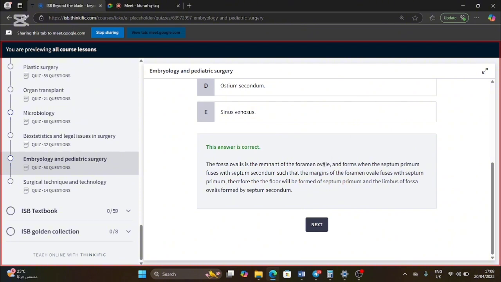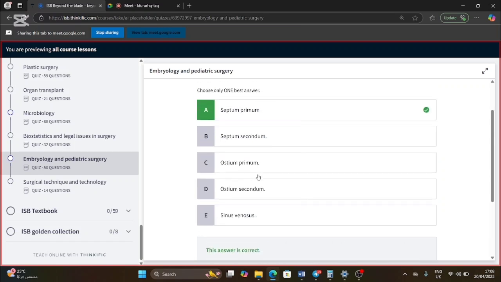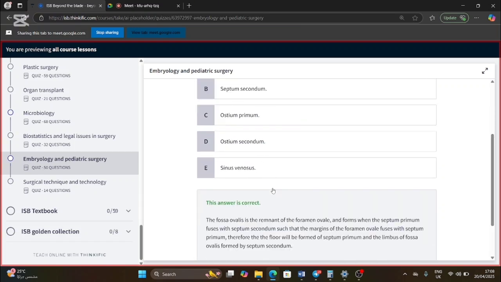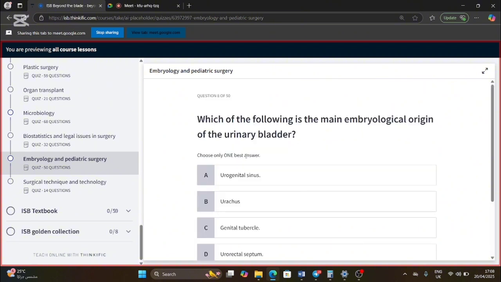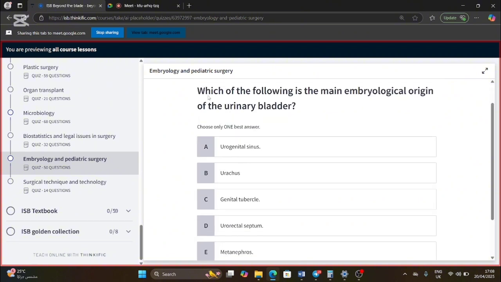The floor of it is septum primum. The limbus, or the margins, of the fossa ovalis is formed by the septum secundum. Okay, so you have to know that the floor is septum primum, the limbus is septum secundum.